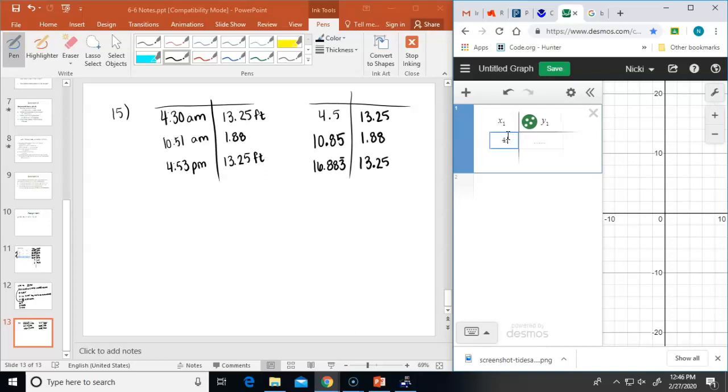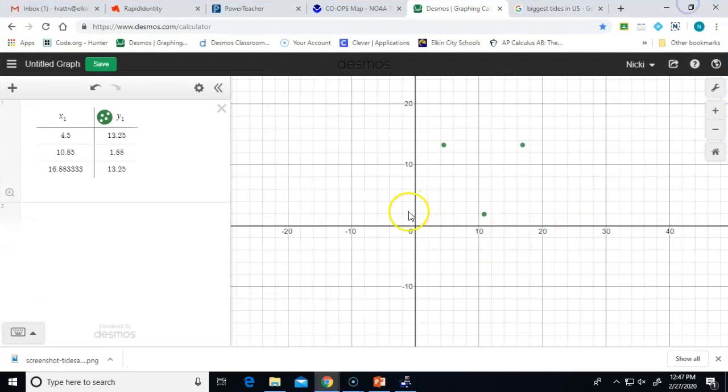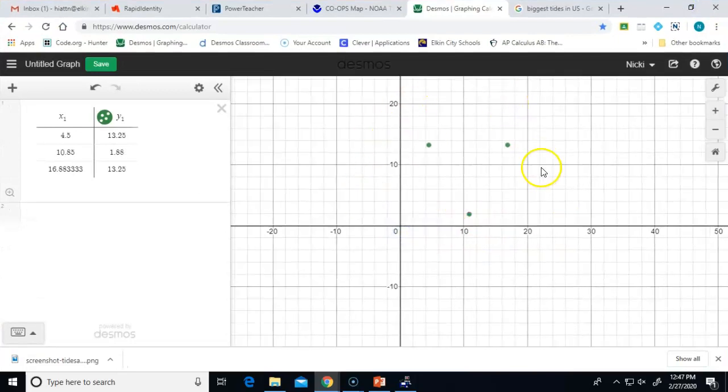So 4.5, 13.25, 16.83, and if we go over here, you can see the graph.